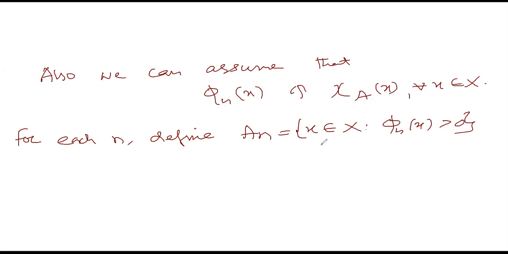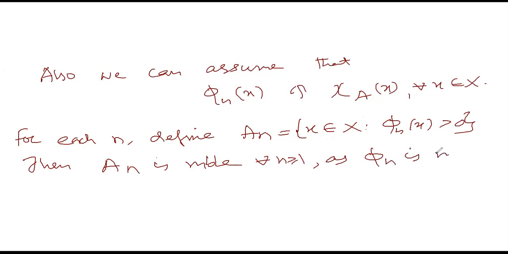Then A n is measurable as phi n is measurable, for all n greater or equal to 1.